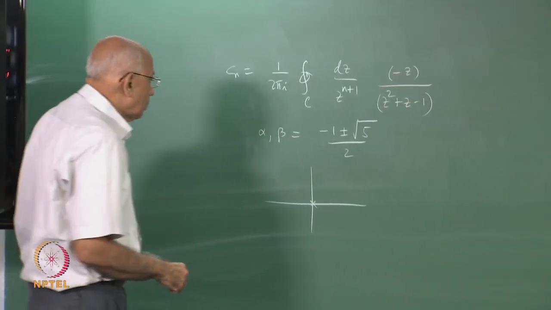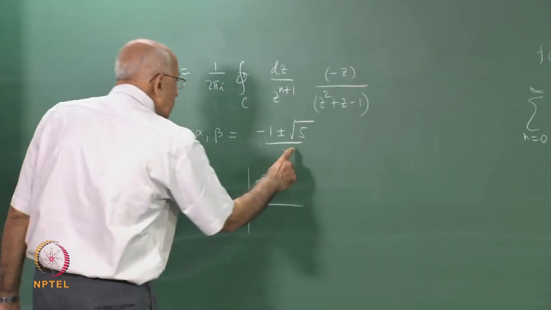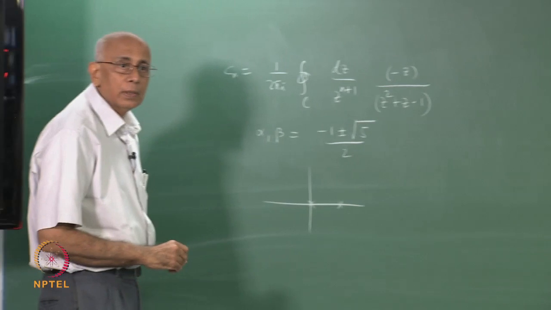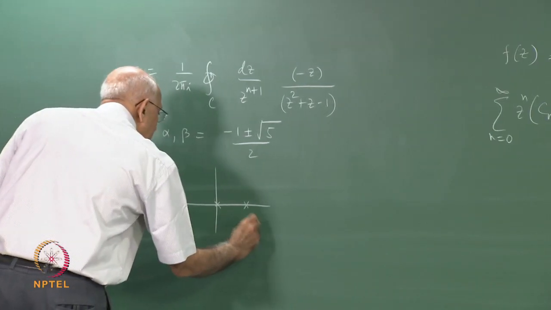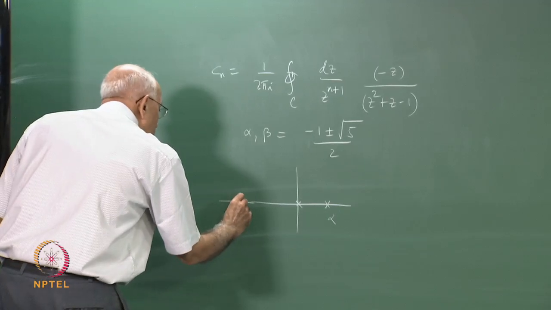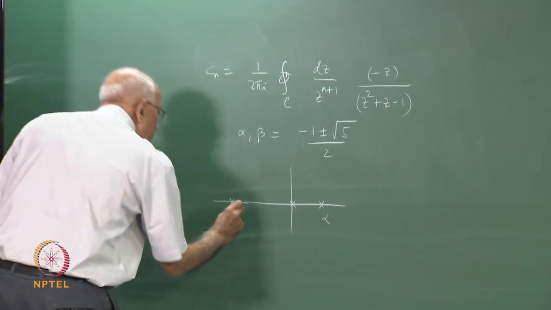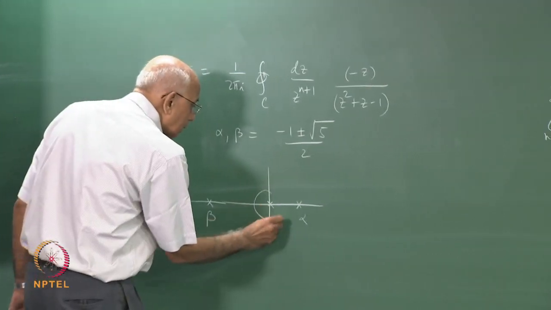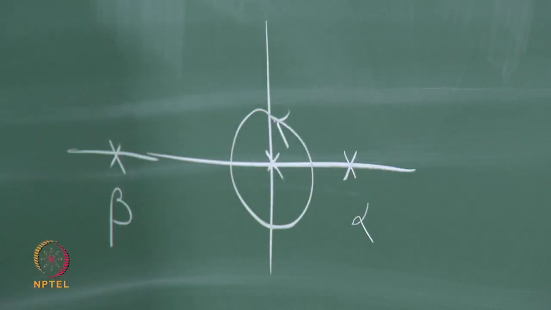So it is a pole at the origin, and then there is a pole at root 5 minus 1 over 2, which is somewhere here on this side, that is alpha, and there is a pole at minus 1 minus root 5 over 2, that is here, beta. Okay. And the contour looks like this.